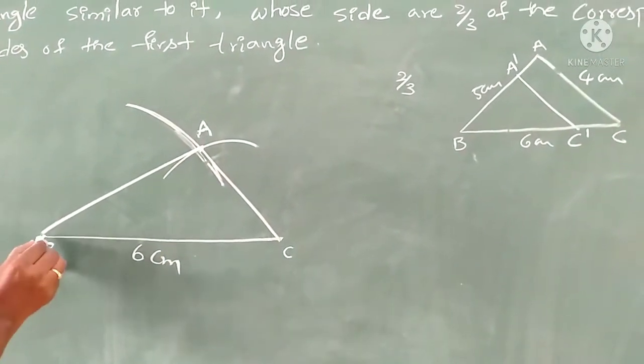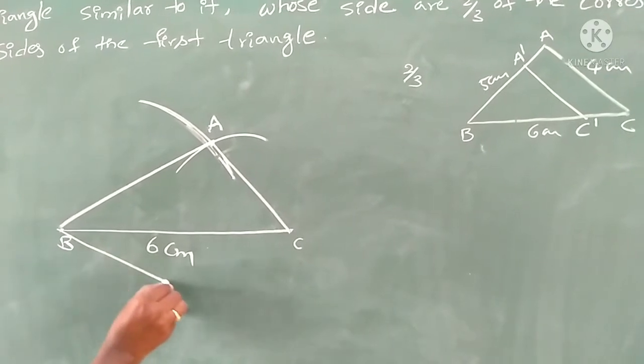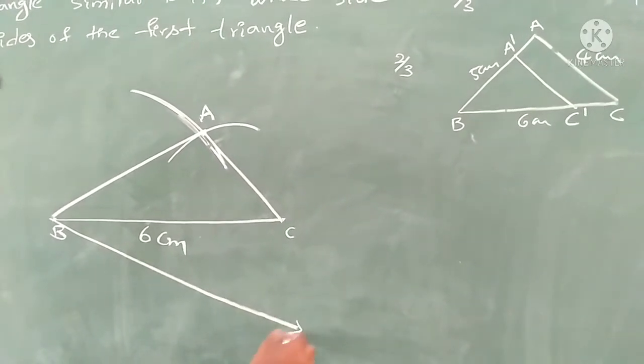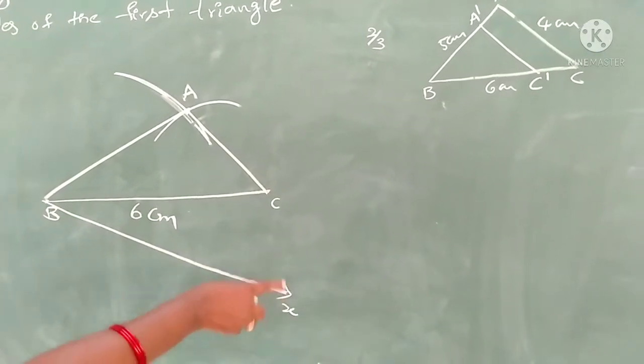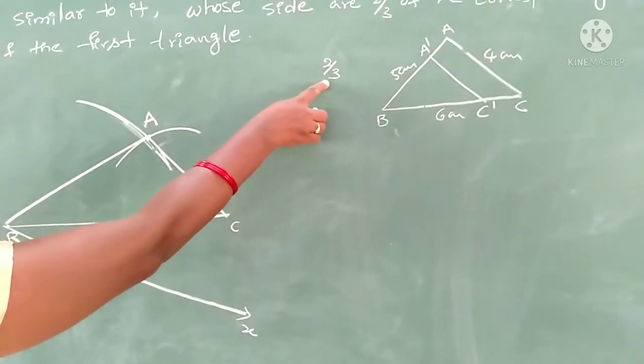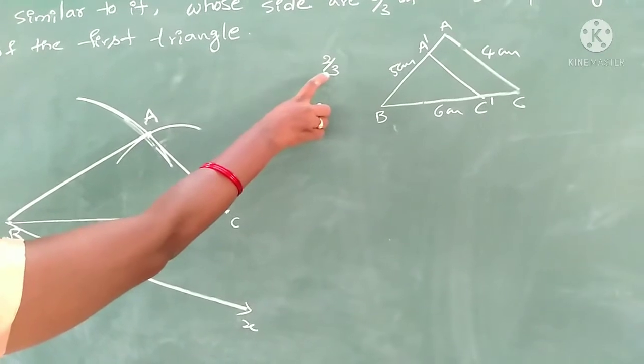Next we draw an acute angle with ray BX. Next, the fraction is 2/3, which means 3 is the denominator.